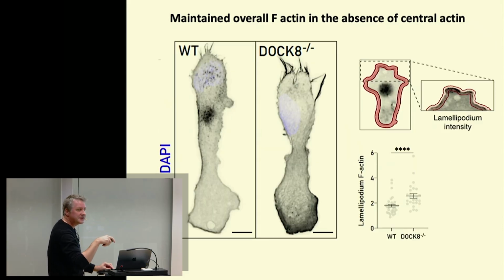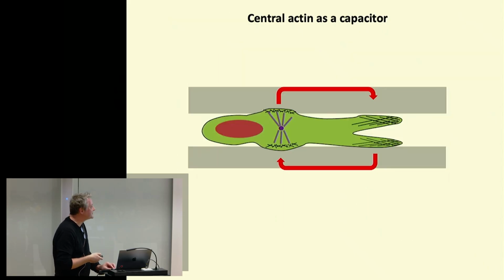We had a 100% phenotype of a cell that is completely normal, but it's just lacking this central actin structure. So the DOCK8 knockout doesn't have it. Basically, if you count, it's 100% gone. And if you put it back in with a GFP fusion, we can rescue the cells. So the DOCK8 is going again to this actin structure, and it rescues the actin there.